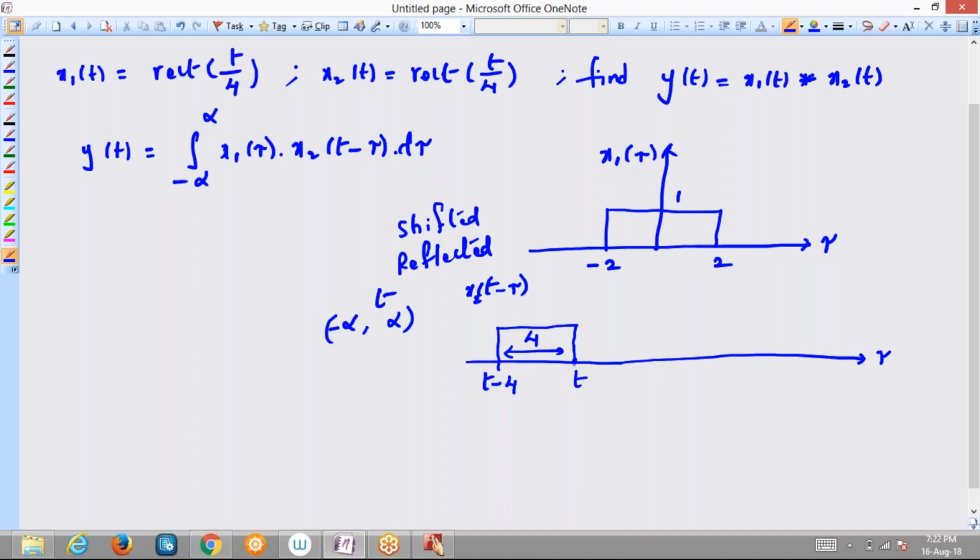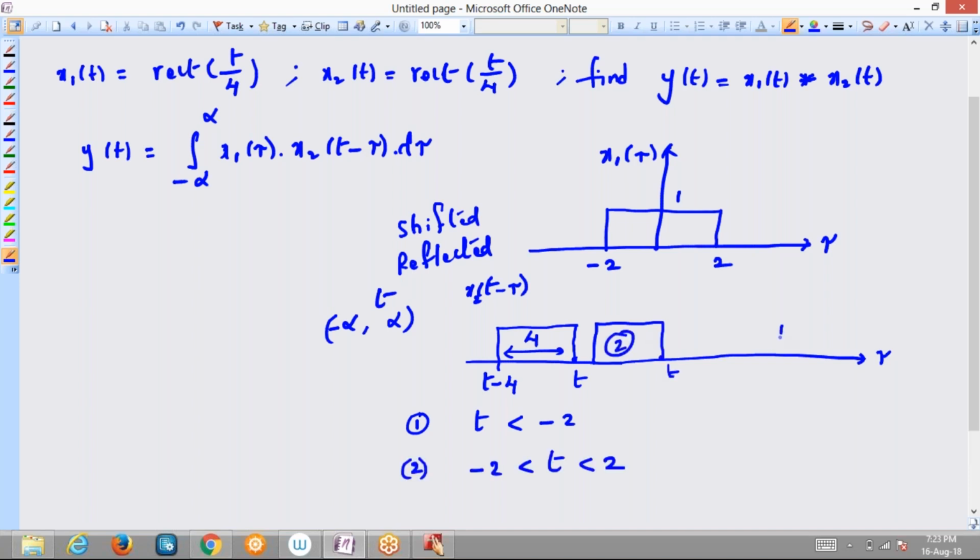Now in the first case, we can consider t value less than minus 2. And in the second case, let us consider t value between minus 2 and 2, that is, minus 2 less than t less than 2.